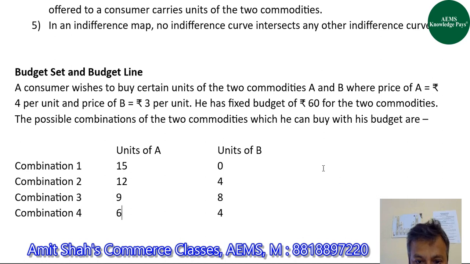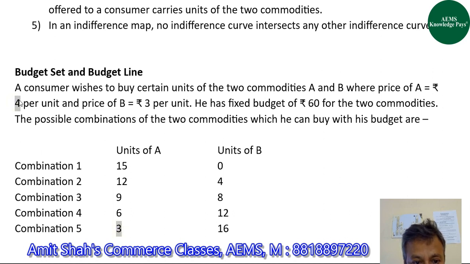Combination 4, 6 and 12. 6 units of commodity A, so 6 into 4 is 24 and 12 into 3 is 36. 24 plus 36 is again 60. Combination 5, 3 and 16.